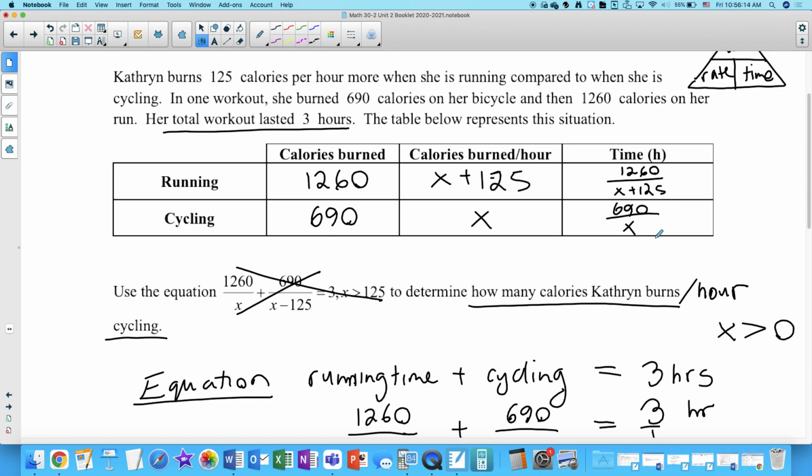We could have made her running rate x, but then because the running rate is 125 more, we'd have to subtract 125 to get the cycling rate. So you have 2 options, right? This can be x and this can be x plus 125, or this can be x and this can be x minus 125. And one is not better than the other.